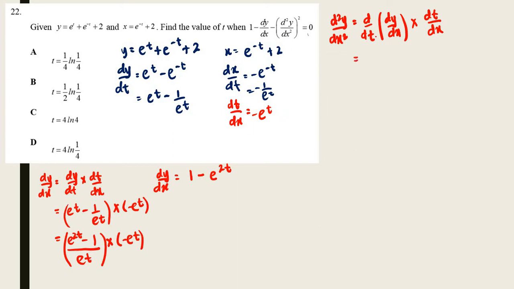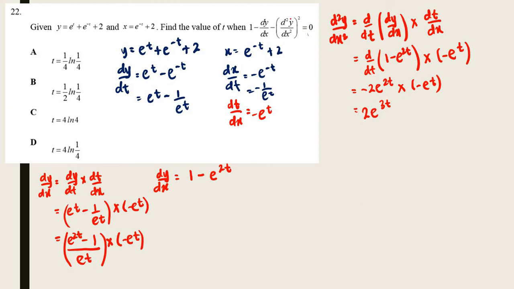So we differentiate dy/dx, which is given by 1 minus e^(2t), and then times dt/dx, which is negative e^t. Differentiating this, we get negative 2e^(2t), and then times negative e^t, which gives us 2e^(3t).